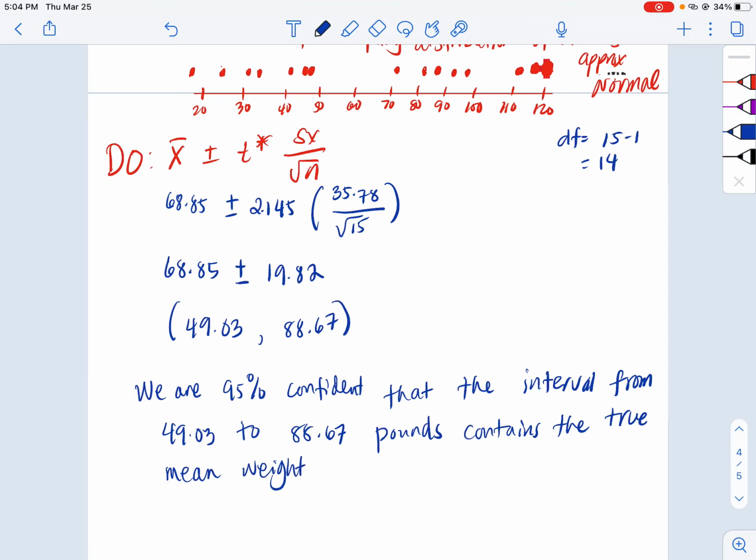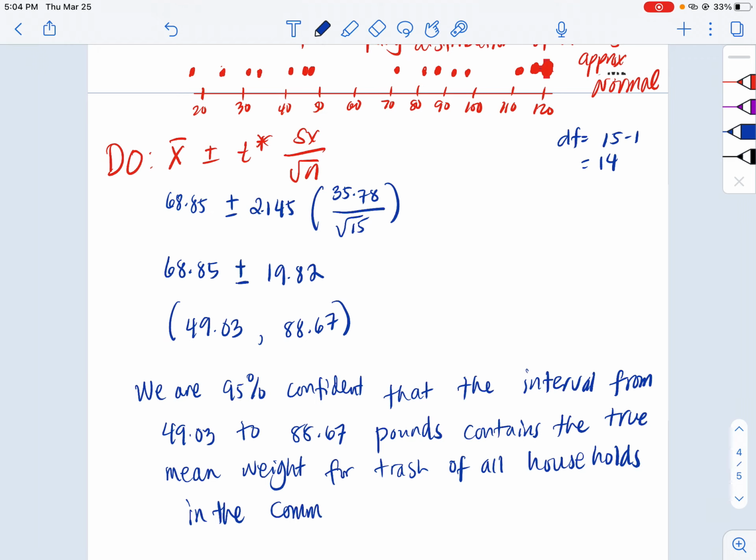True mean weight of trash for all households in the community.